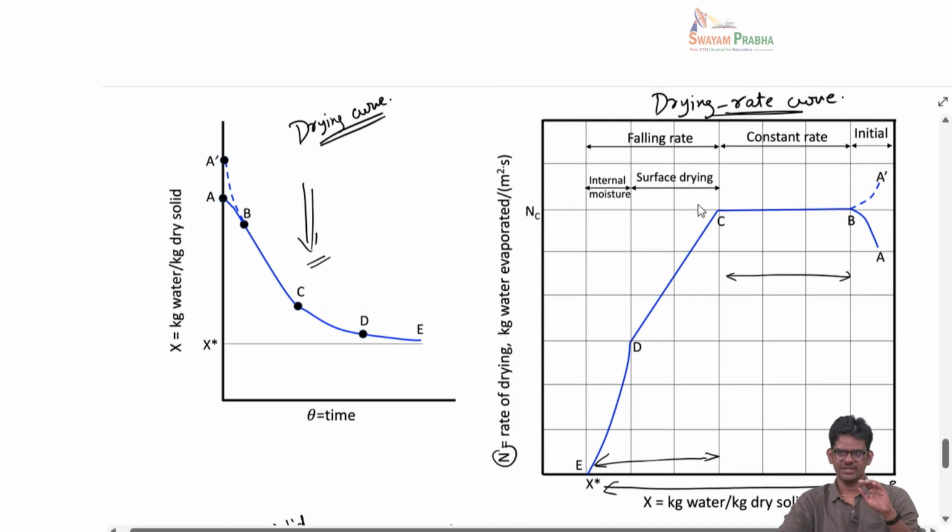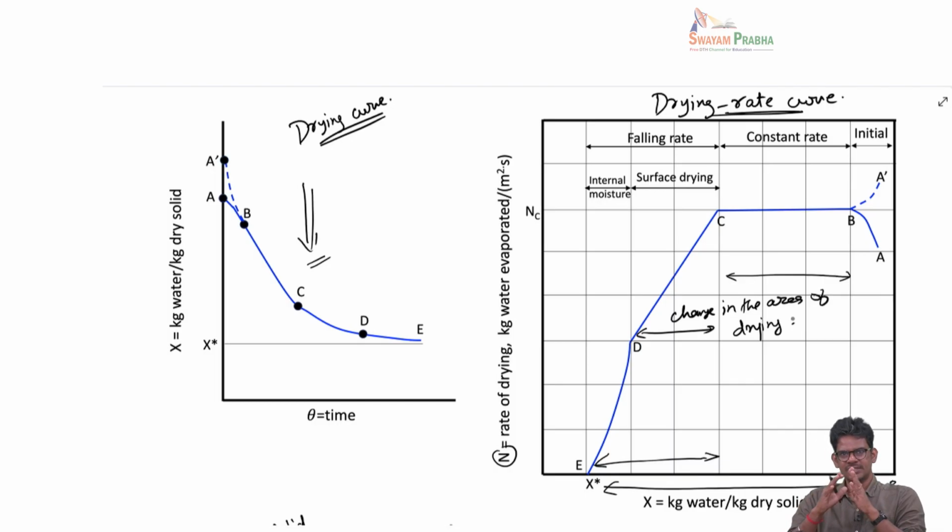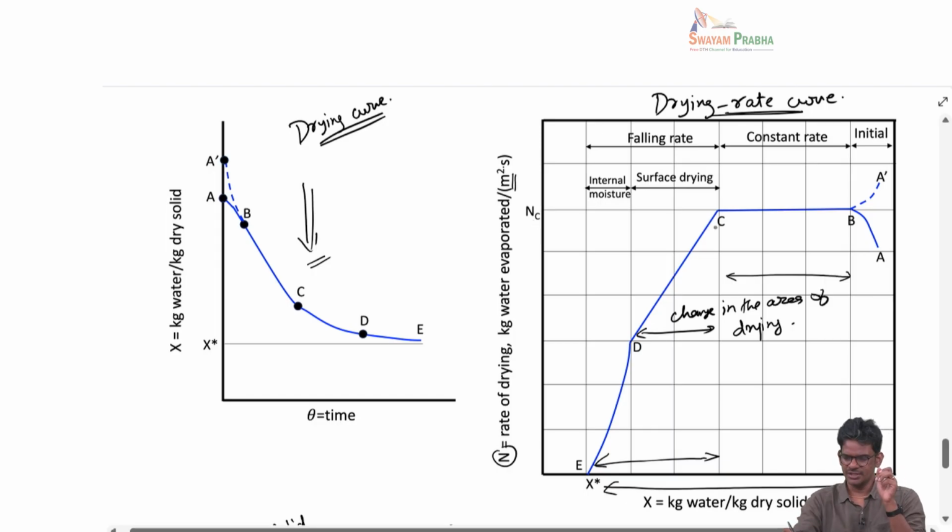Still, unbound moisture is present on the surface, but this is only because of the change in the area of drying. And this is called surface drying, because of these dry spots appearing on the surface, and N is defined based on the original wetted area. So, this change that you see here is mainly because of the change in the available area for drying.